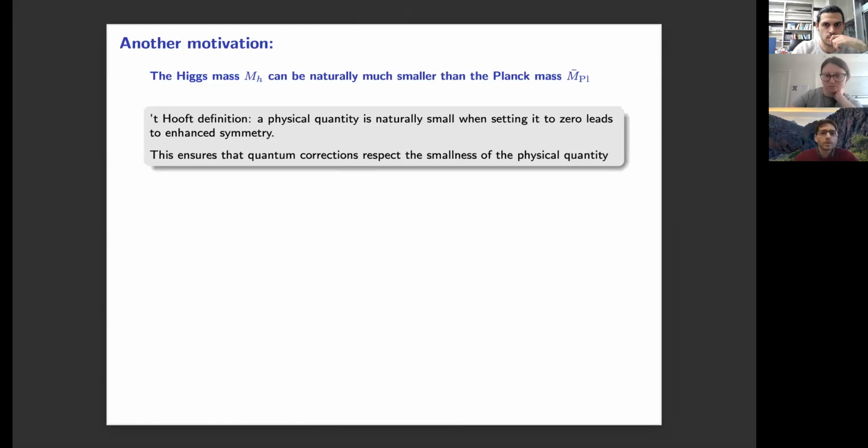Another motivation for considering this theory is the fact that the Higgs mass can be naturally much smaller than the Planck mass in this theory. And by naturally, I mean what Gerard 't Hooft proposed: a physical quantity is naturally small when setting it to 0 leads to enhanced symmetry.